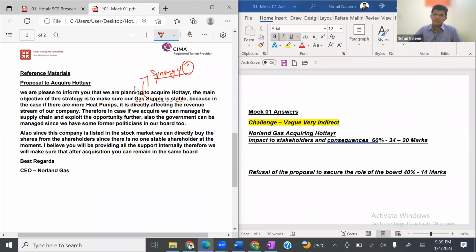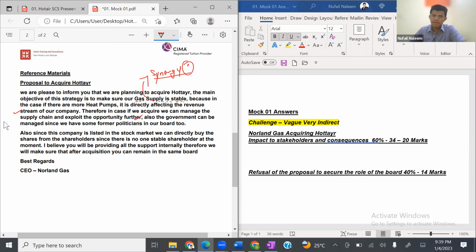Because if there are more heat pumps, it is directly affecting the revenue stream of our company, because heat pumps do not use gas. So effectively, Nolan Gas will have a bigger issue. Therefore, if we acquire, we can manage the supply chain and exploit the opportunity further.